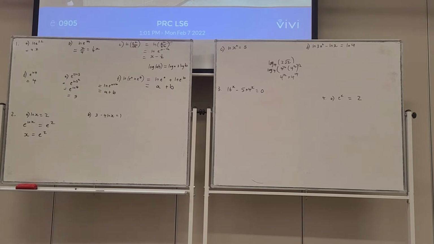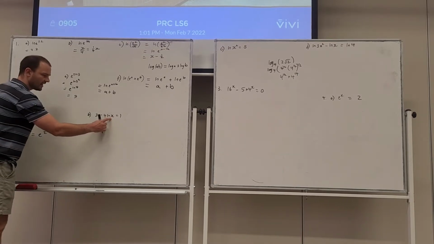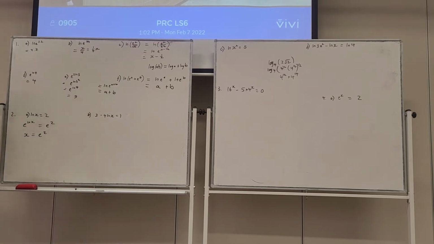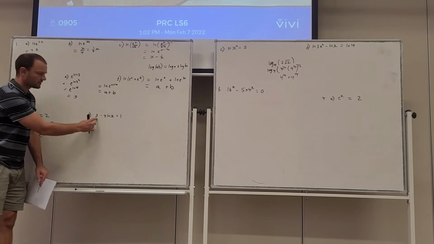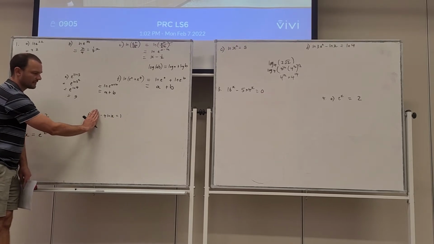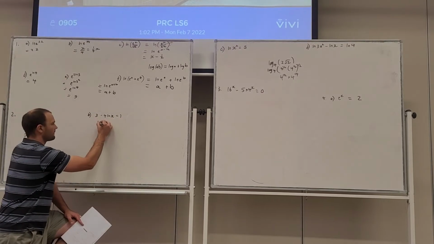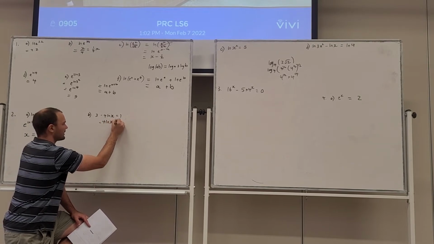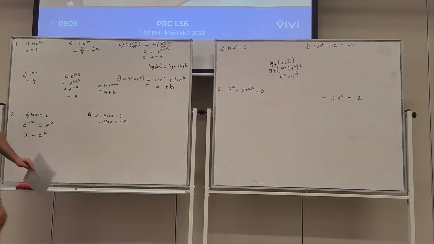Okay. In B, we've got a little bit more unpacking to do. Before we put e to the power of both sides, we need to isolate ln of x. So we're going to unpack it until we have ln of x by itself. The first thing we should do is subtract 3 from both sides to get rid of that. So we will have minus 4 ln x equals minus 2.